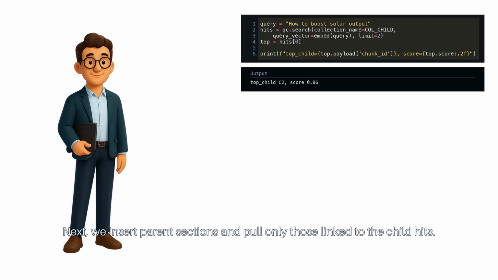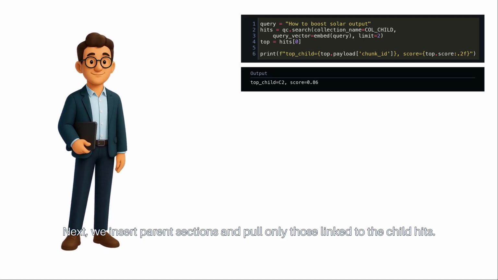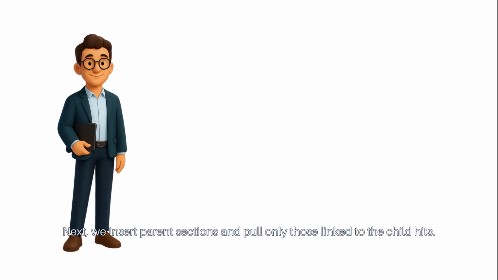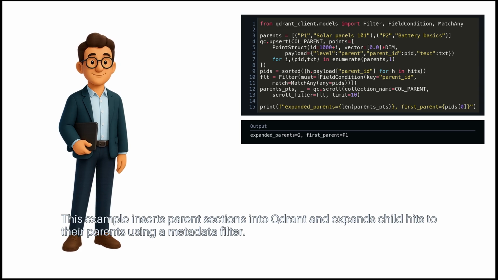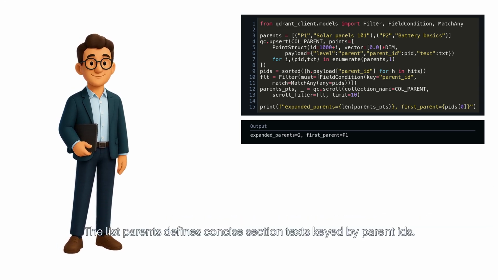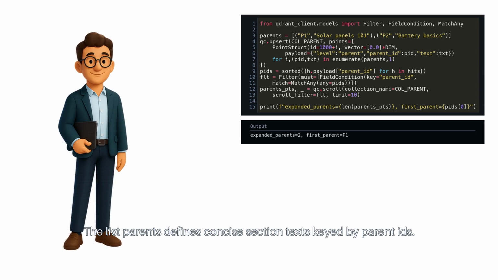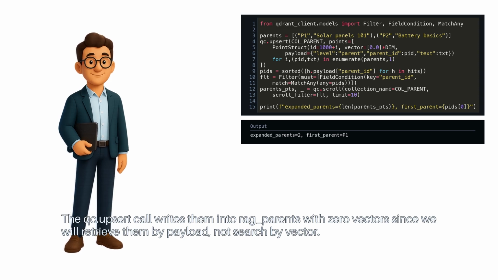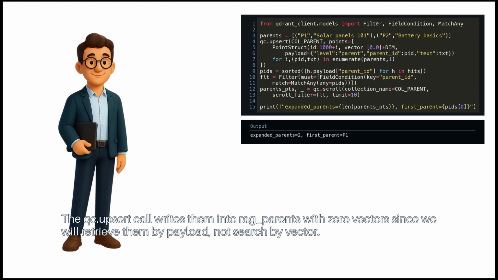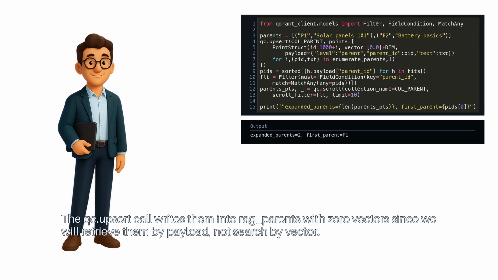Next, we insert parent sections and pull only those linked to the child hits. This example inserts parent sections into Qdrant and expands child hits to their parents using a metadata filter. The list parents defines concise section texts keyed by parent IDs. The qc.upsert call writes them into rag_parents with zero vectors, since we will retrieve them by payload, not search by vector.